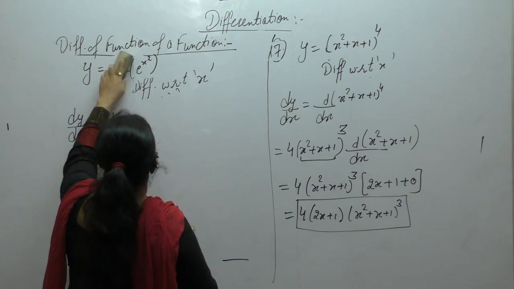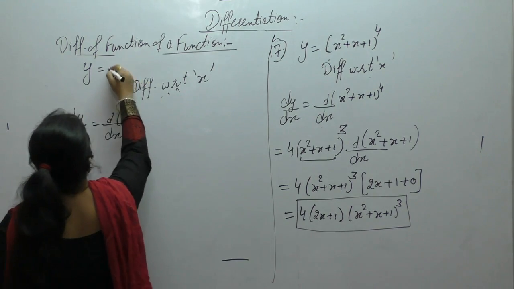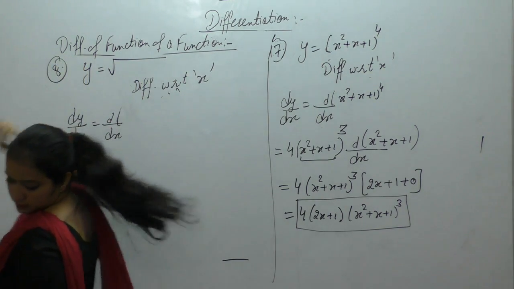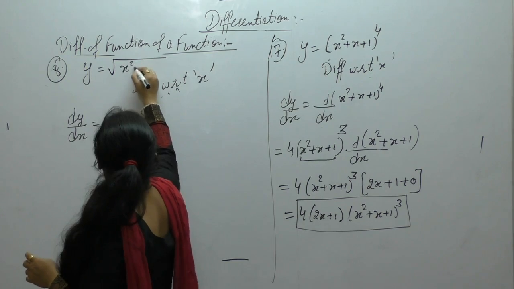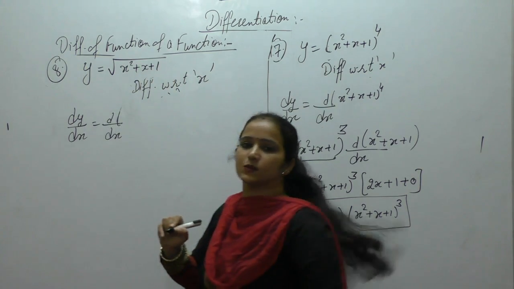Next one is y is equal to square root of x square plus x plus 1.